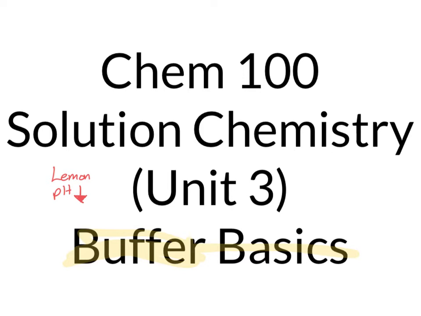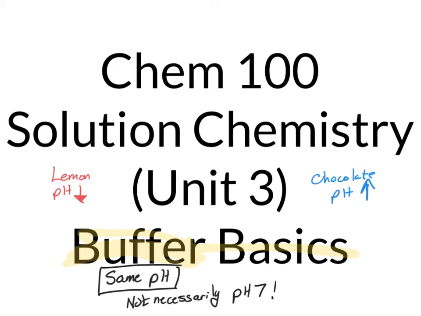Not necessarily neutral everywhere, but it definitely keeps the pH the same when you eat a lemon, or if you eat a chocolate bar, which is basic, the pH doesn't go up. So it keeps the pH the same, not necessarily neutral, but the same as what it originally was, even if I add acid or add base. So let's look more into that.